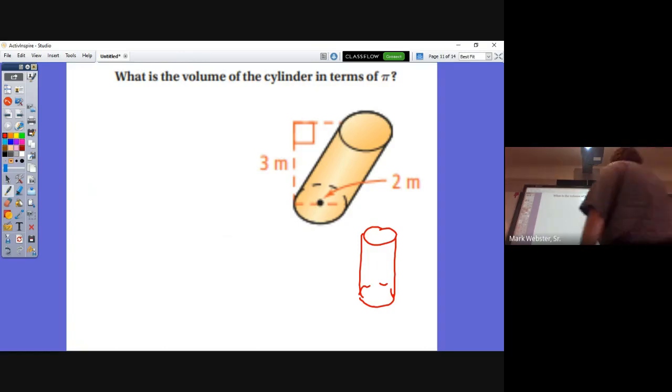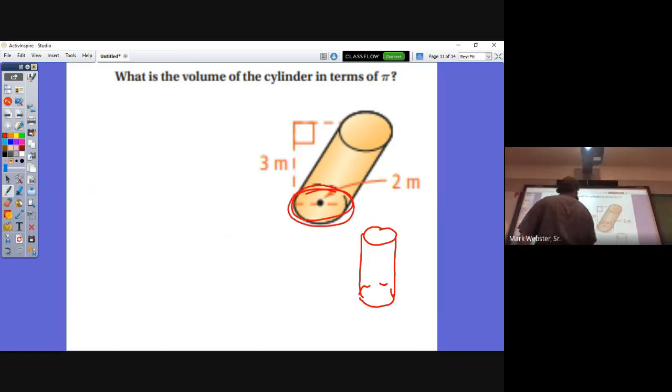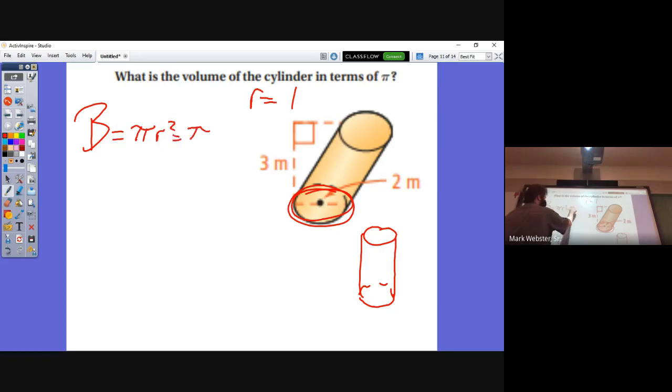The key here is identifying the fact that that's a diameter that they give you, right? They point you right to the middle of it. So when you do this, make sure that you find the radius, because that way when you do this, you just get pi for the area of the base. The height is still 3. Like I said, it's the exact same problem.